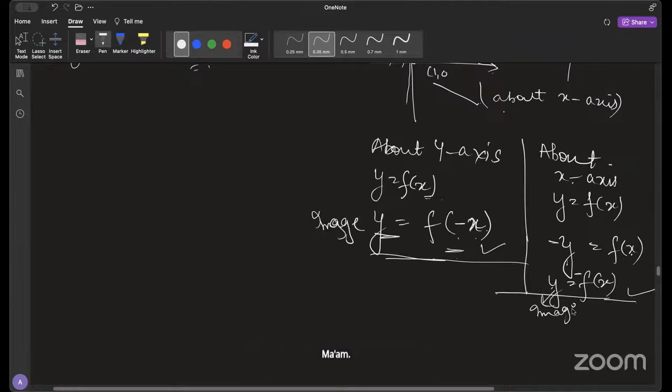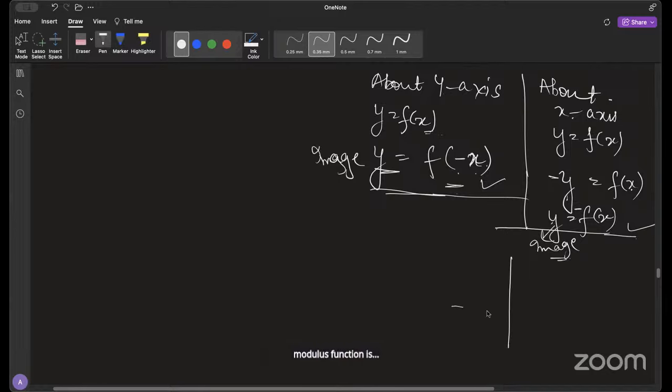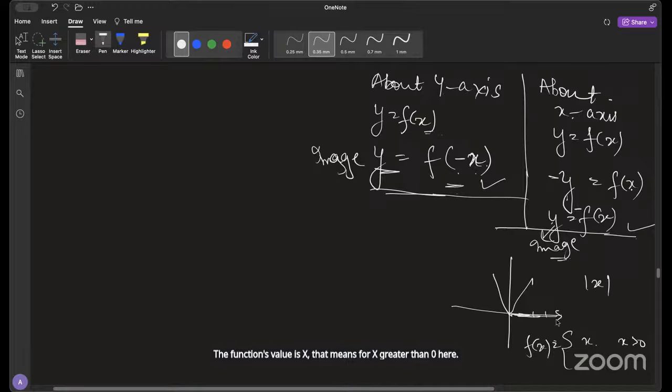Ma'am, what is a modulus function? Modulus function is this one. It's represented by this, which just means that when you have x positive, your function will be x. For x greater than 0, your function's value is x. For the positive x-axis, y equals x.